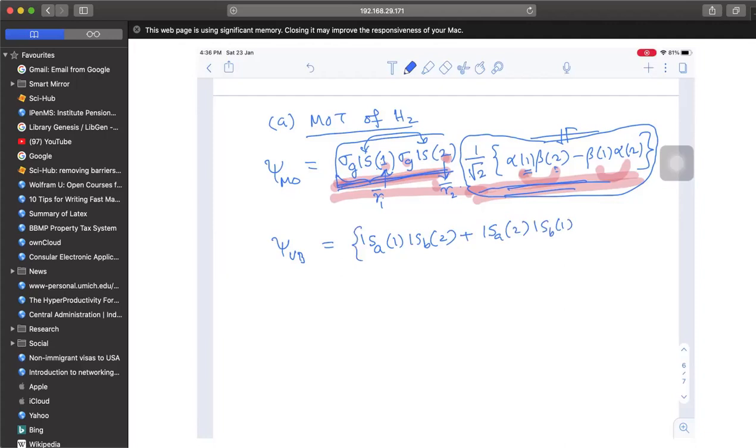So therefore, this is your valence bond wave function. It is multiplied by a normalization factor. We will not worry about the normalization factor. This is what I refer to as the spatial part of the wave function. Is that okay?